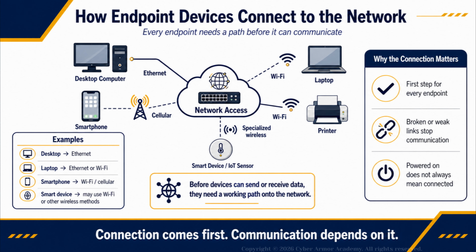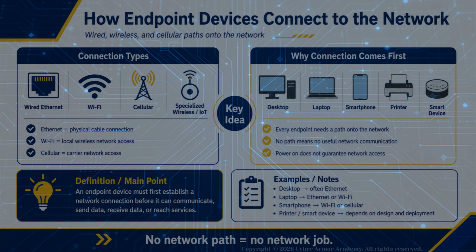Before an endpoint device can communicate, it has to connect. That connection may happen through wired Ethernet, Wi-Fi, cellular, or in some cases, another specialized wireless method. The CCST blueprint specifically expects students to understand the difference between wired, Wi-Fi, and cellular technologies.